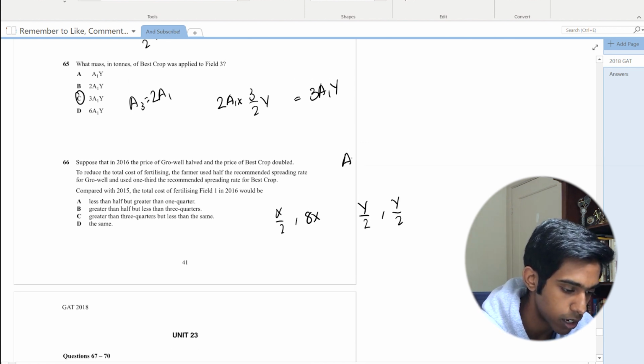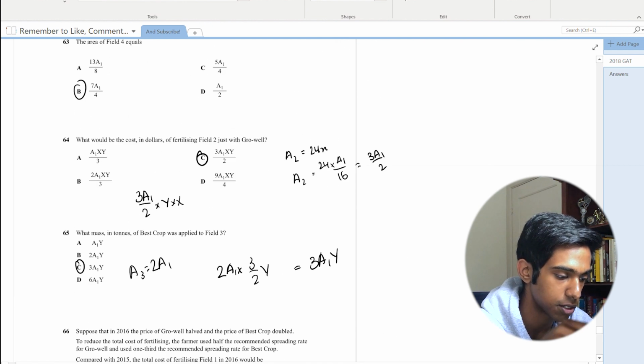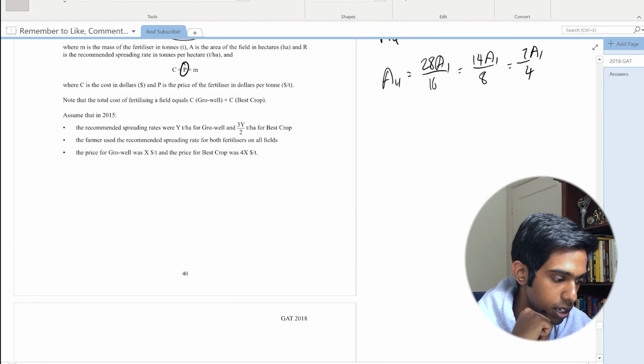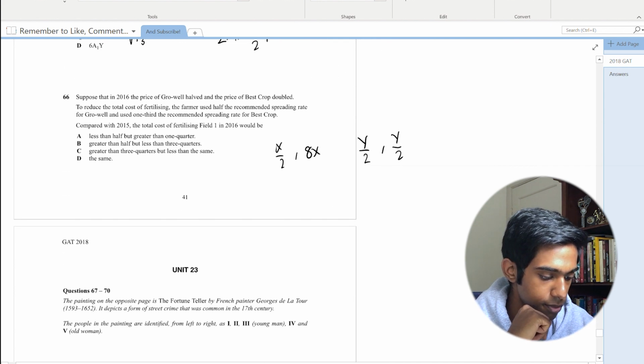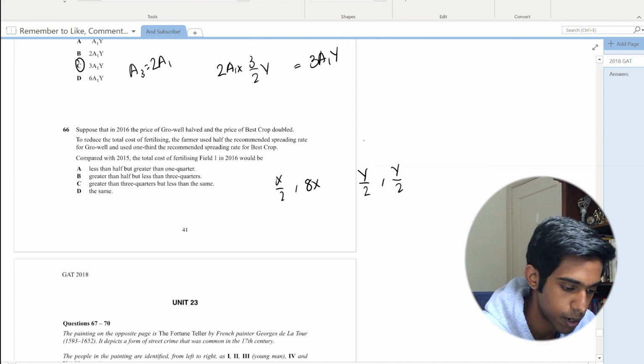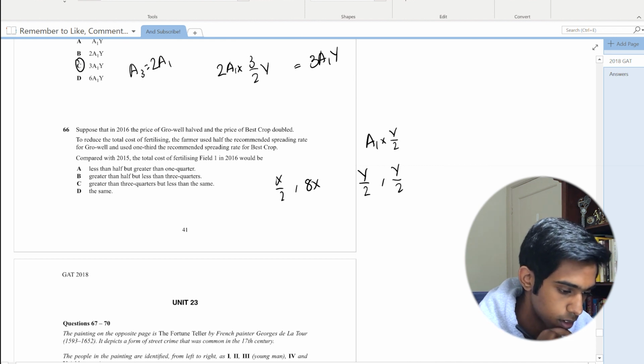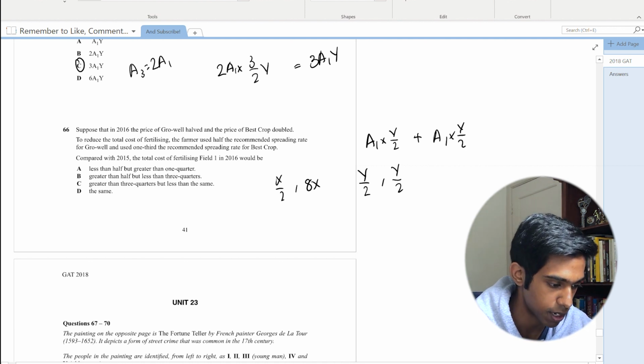So we've got A1 in all of the equations, so it doesn't actually matter that much, but we'll put it in anyway. So we calculate the mass, and we multiply that by the spreading rate. So A1 times y on 2 for Grow Well, and then A1 times y on 2 again for Best Crop.